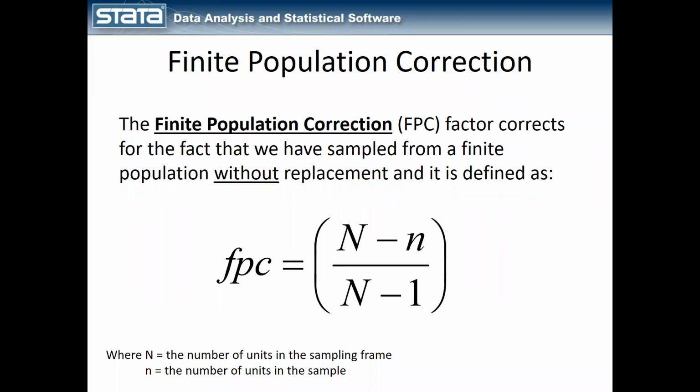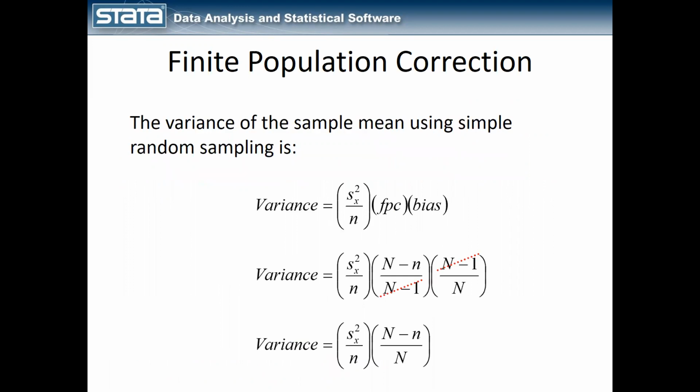So the idea of the finite population correction factor is that we're correcting for the fact that we've sampled from a finite population without replacement. And so we're going to call it the FPC for short. This is defined then as big N, the size of the sampling frame, minus little n, divided by big N minus 1. So why do we care about this? Why is this thing important, this FPC?